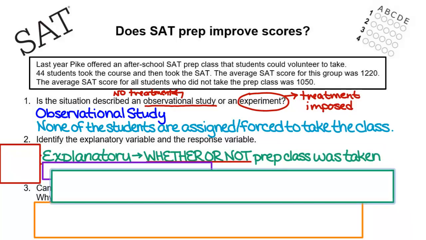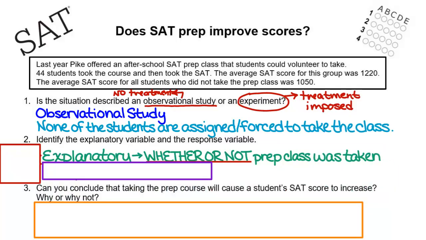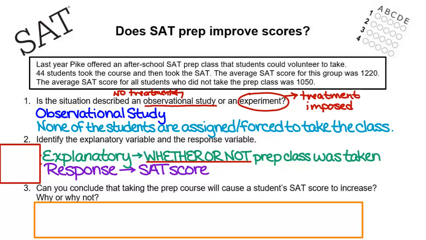So whether or not they take the class would be the explanatory. And you said the response would be what? Yes, the SAT score. The explanatory variable is also sometimes called a factor.